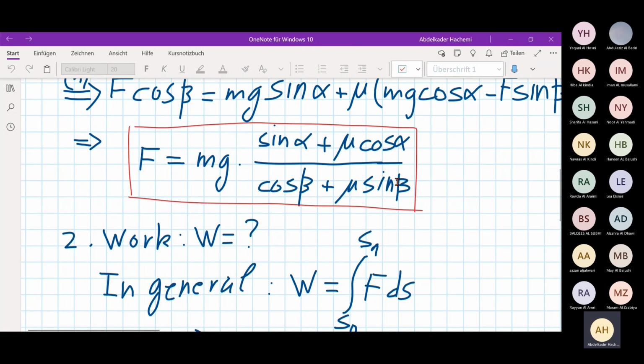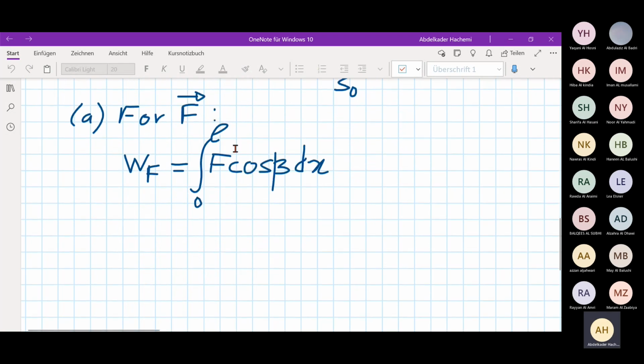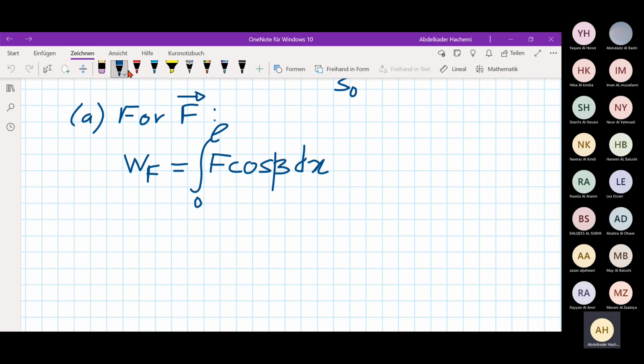It doesn't change with the motion. Then we can keep them out of the integral. Then we get the work W, it's only F cosine beta multiplied by L.